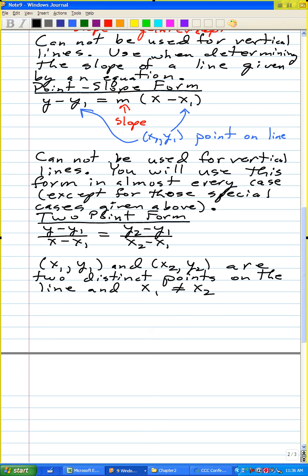And of course, since I have to have a slope, this cannot be used for a vertical line.